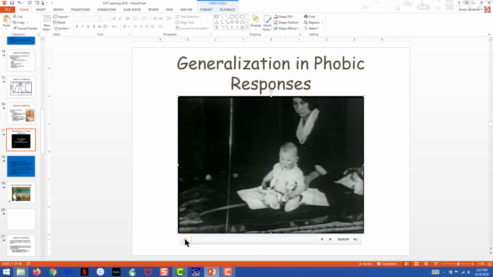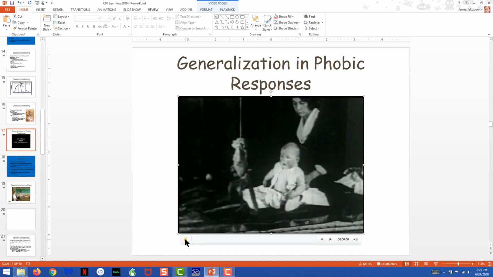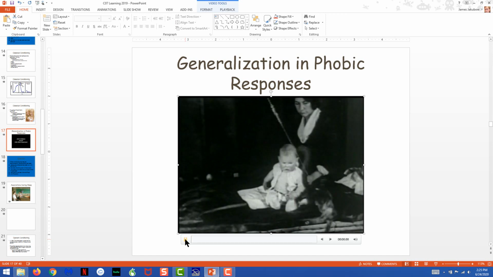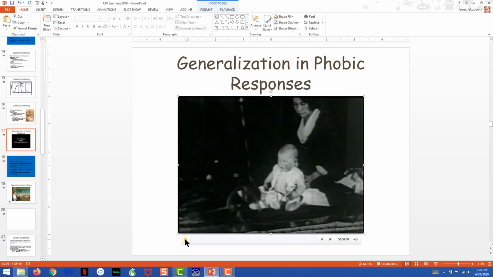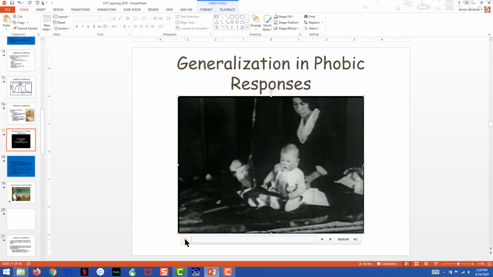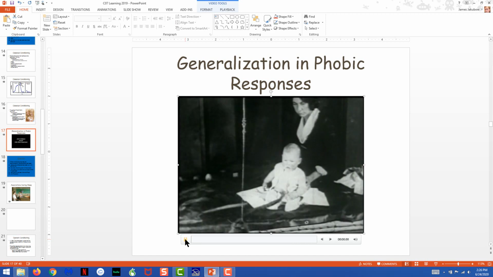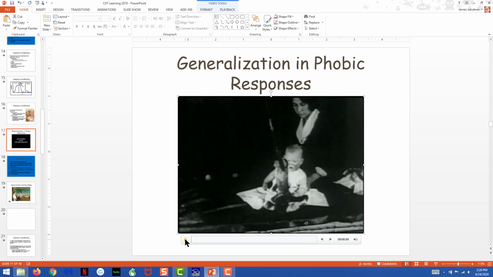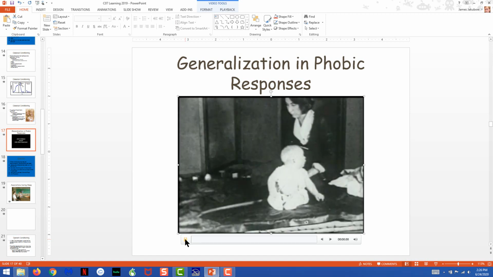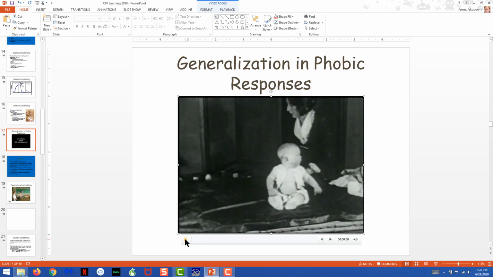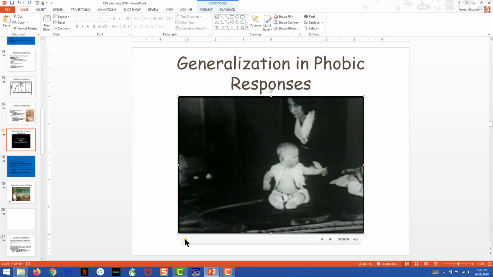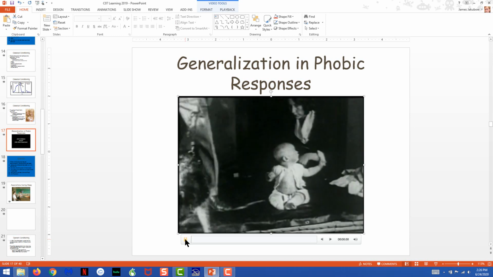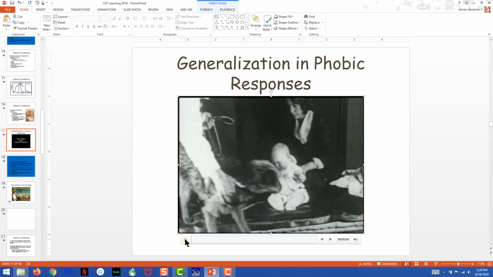Here they bring a monkey on a leash. The monkey is intended to be a class of stimuli of a furry object, because as I've mentioned, they are going to pair a white rat from the laboratory with the loud noises. So they're going to use a variety of furry creatures.